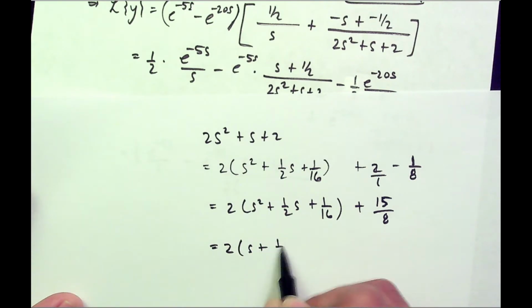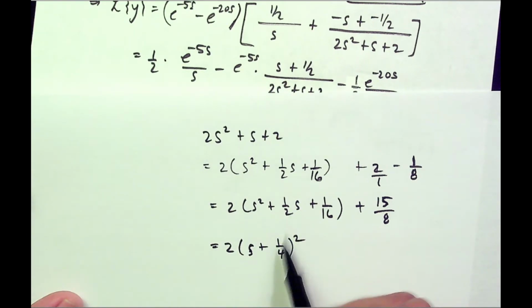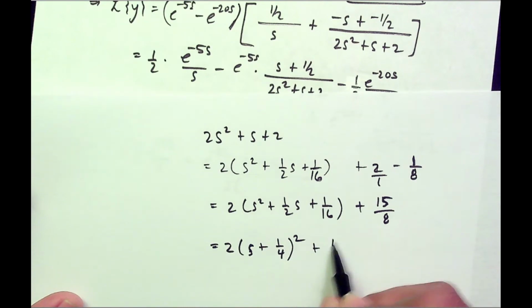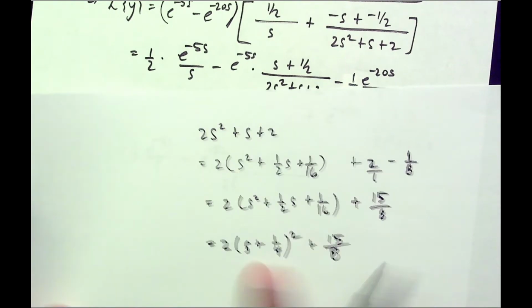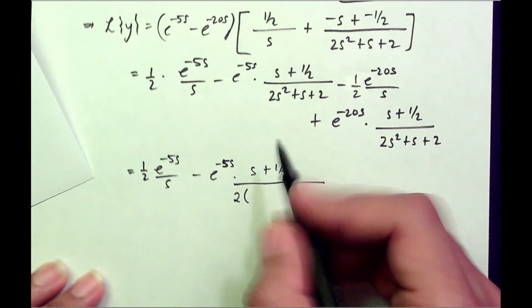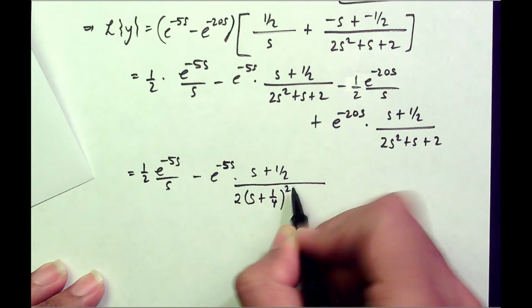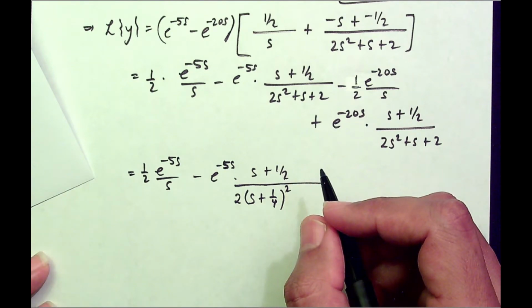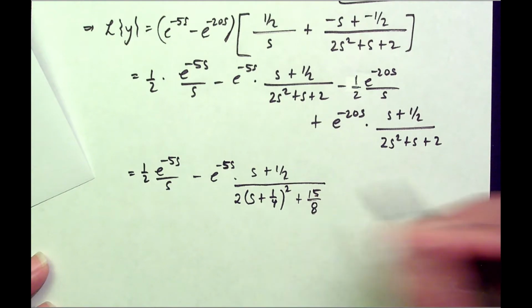This is 1/4 squared, the term in the middle divided by 2, squared, plus 15 over 8. Okay, so now you can rewrite it like that. So this is 2 times s plus 1/4 squared plus 15/8.